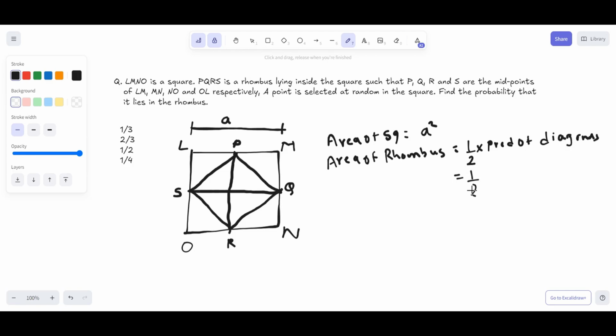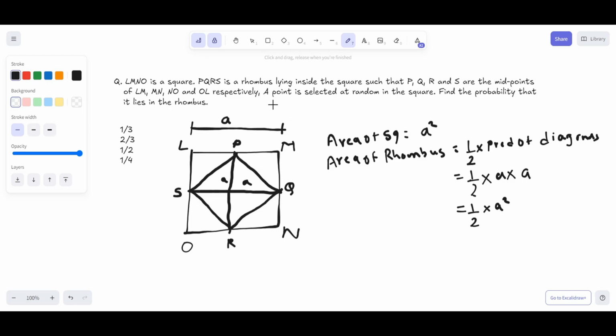Now here these are the two diagonals. If you check it, this length is also A, so this whole length becomes A, and this length is also A as it is the side of the square. So both are the same, so we will write half into A into A, these two are diagonals. Now we can write it as half into A square.